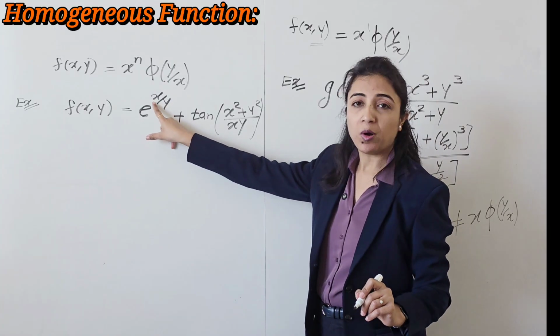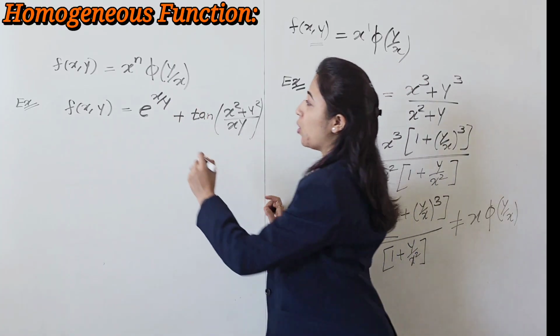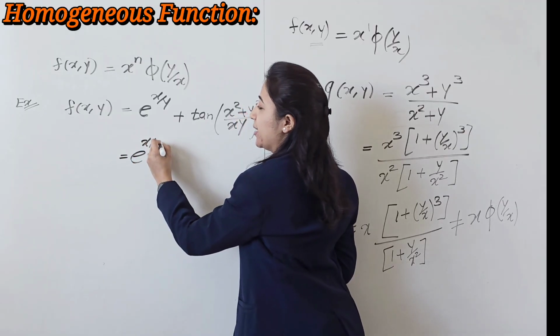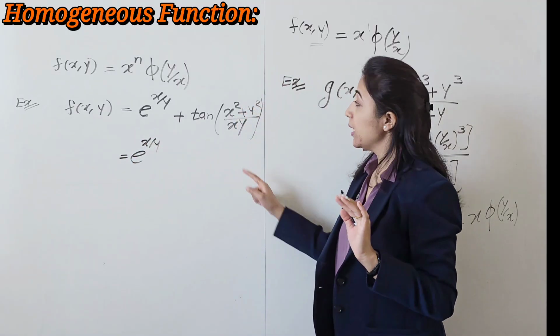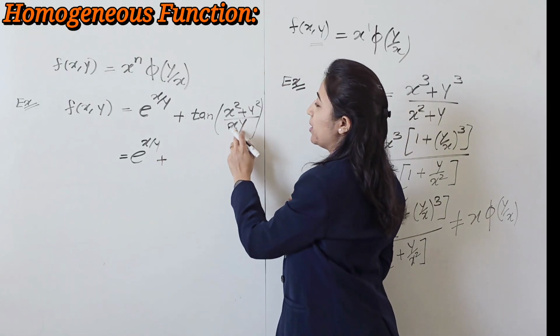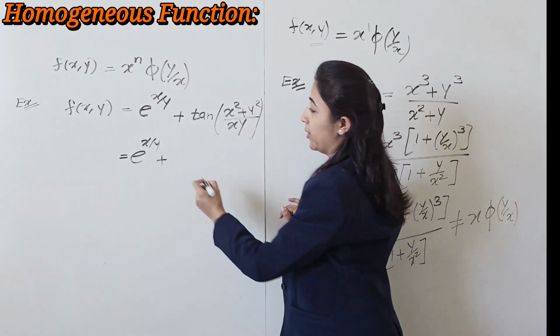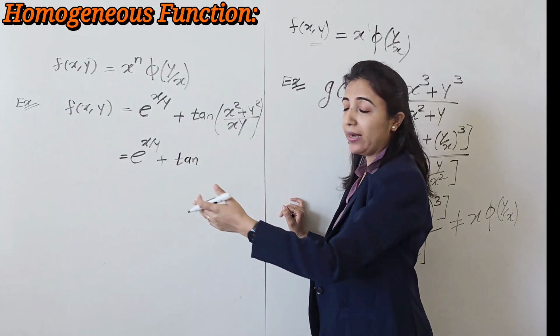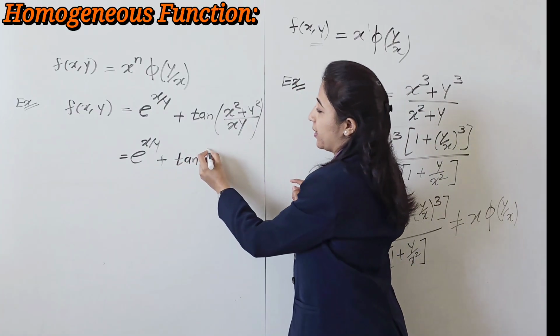This is already in the form of x by y, that's why I am not taking anything common from that power. Here it is tan of (x square plus y square) divided by xy. So you cannot take common from outside the tan, but inside the angle you can take it common.